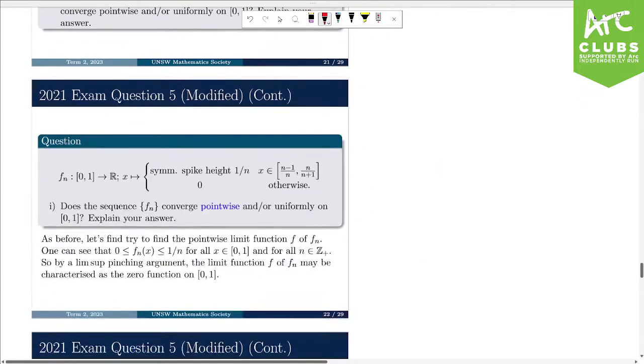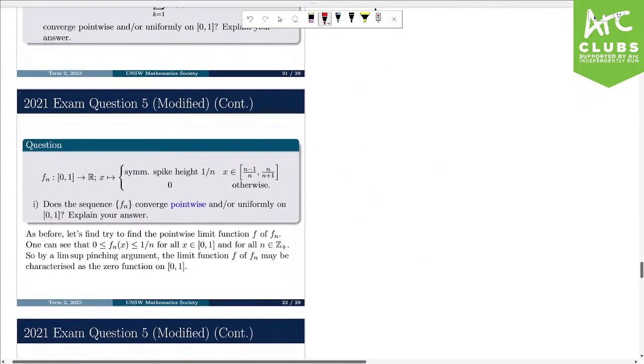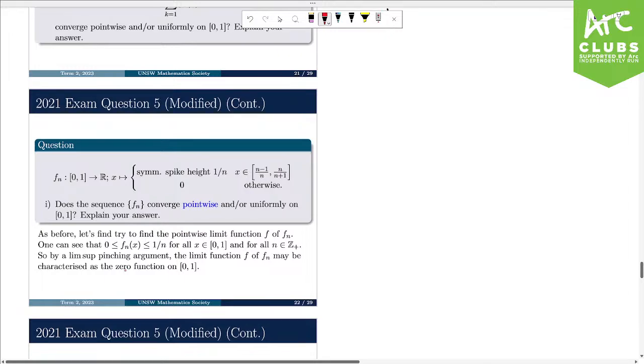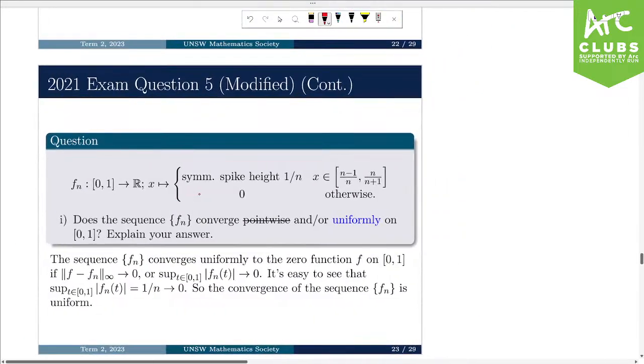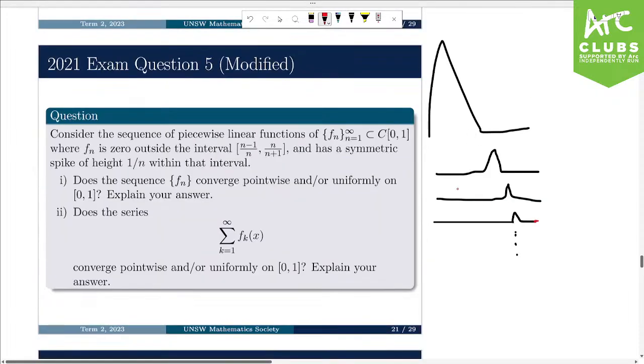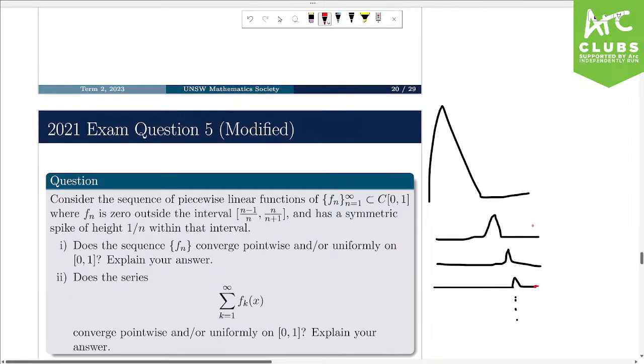Okay, so we just did pointwise convergence. Now we'll talk about uniform convergence. So usually when we saw spikes, the spikes were getting larger and larger. So although we had pointwise convergence, we didn't have uniform convergence. But here the spikes are getting smaller and smaller.